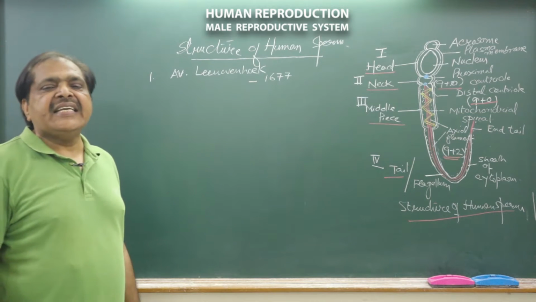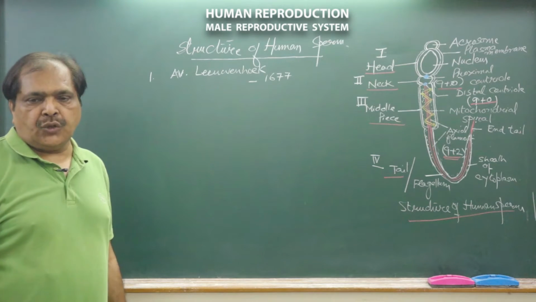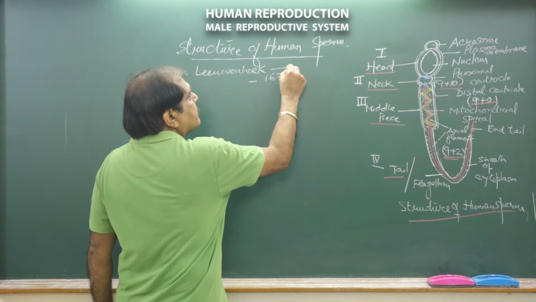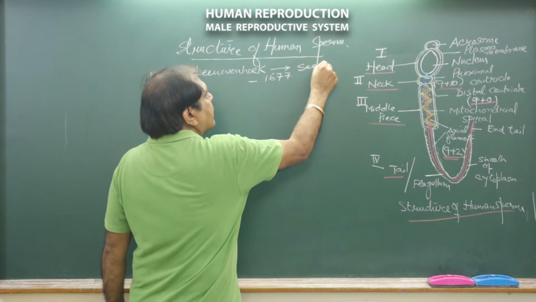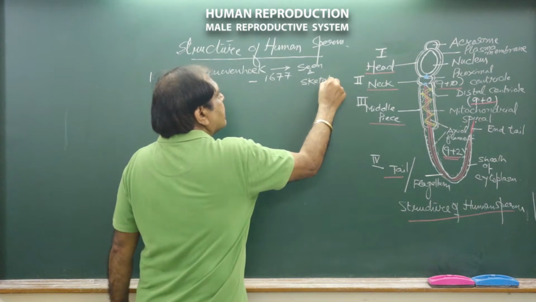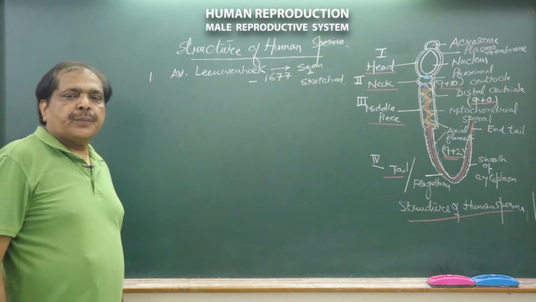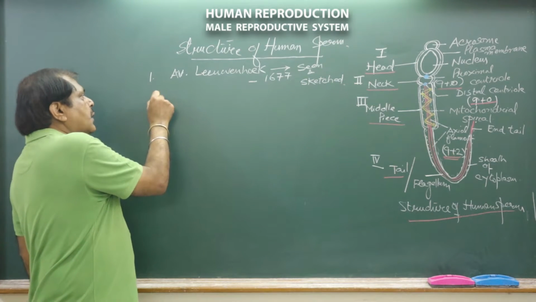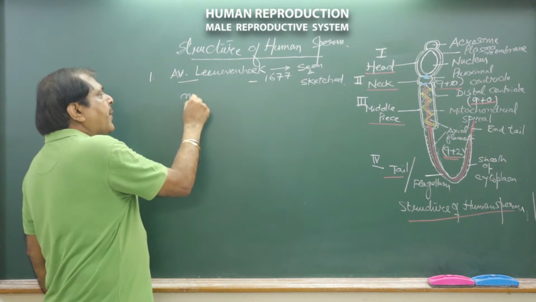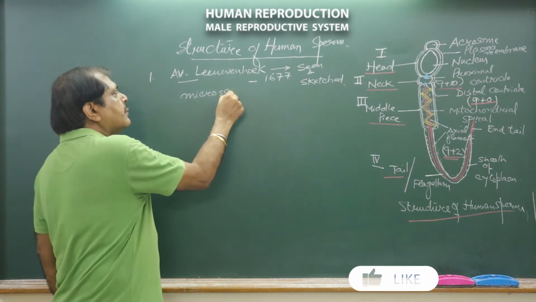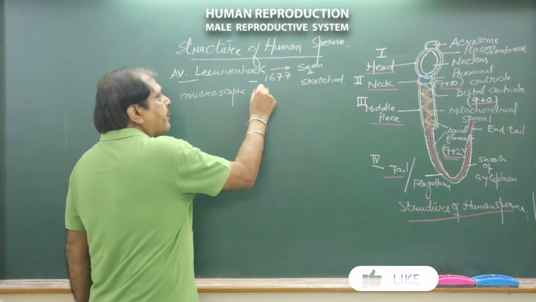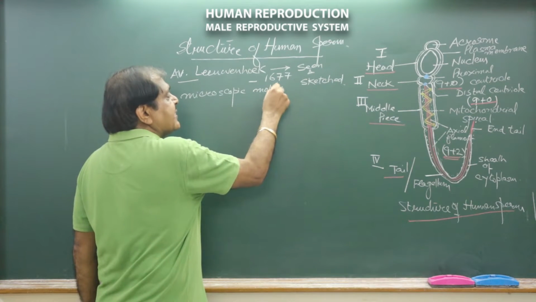They were first seen and sketched, the diagram of the human sperm was made by A.V. Leeuwenhoek, definitely under the microscope. These sperms are microscopic, motile cells.